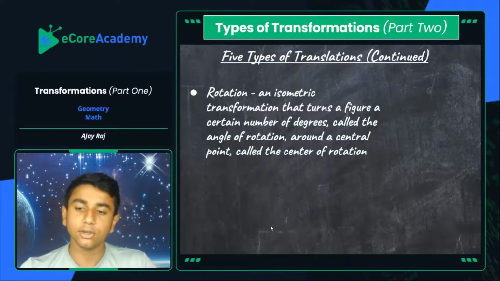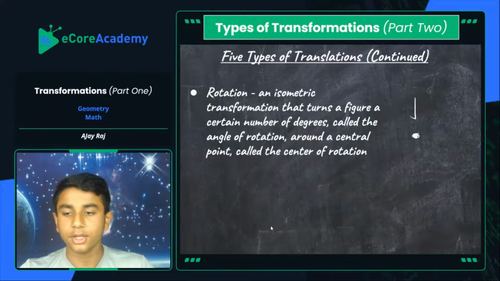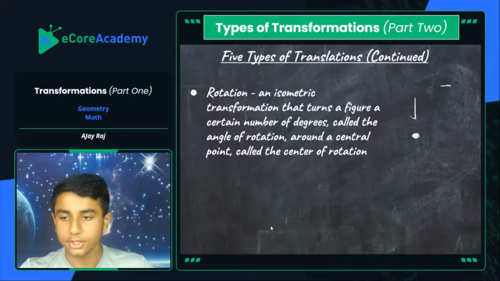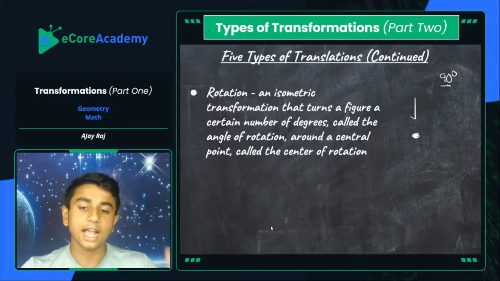What that looks like here is, say for example, we take a line, and this little point that I'm going to put here is our center of rotation. Let's say our angle of rotation, I'll state it here, is 90 degrees. I'll be expanding on this in different videos, on how to actually do your rotations, translations, and reflections on a coordinate plane.